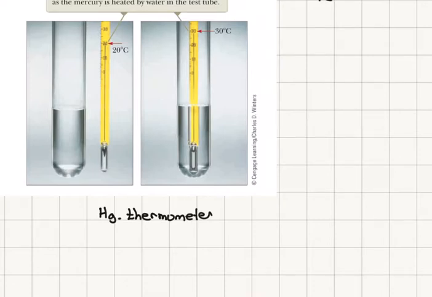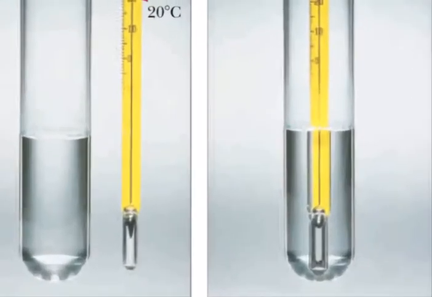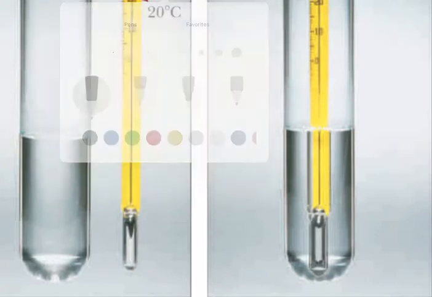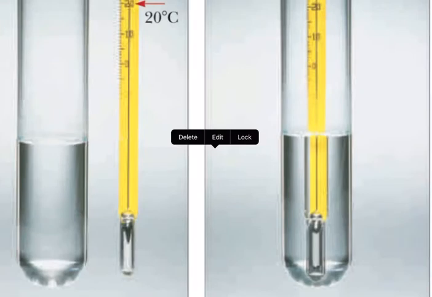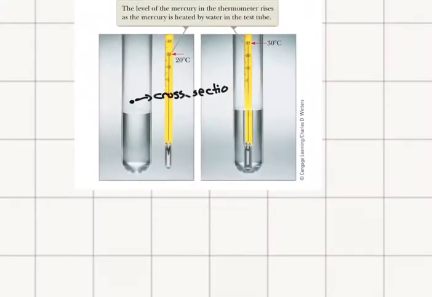And because the cross-sectional area of this column is constant, there is a very small column here. And if you find the cross-sectional area of this region, that's a constant.